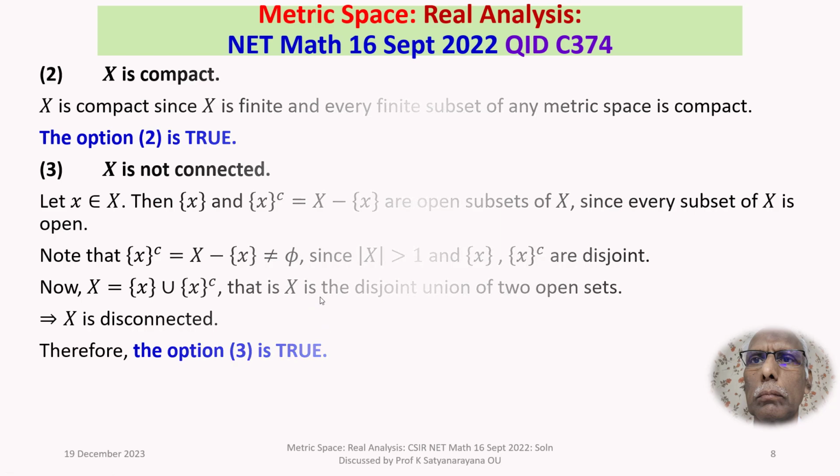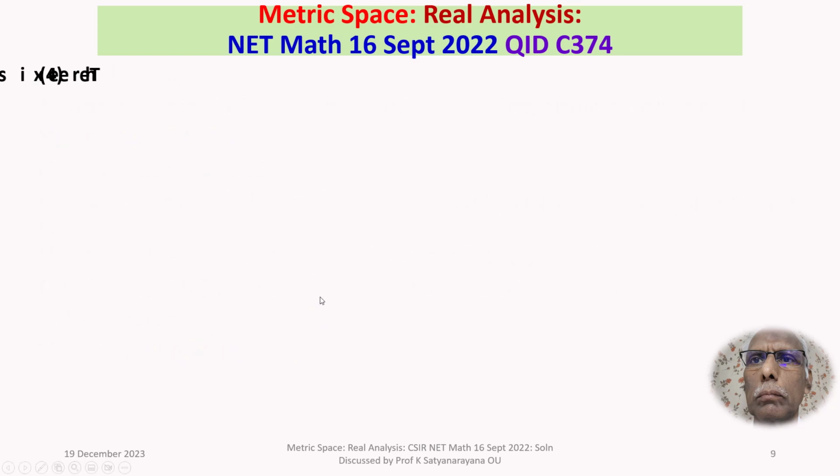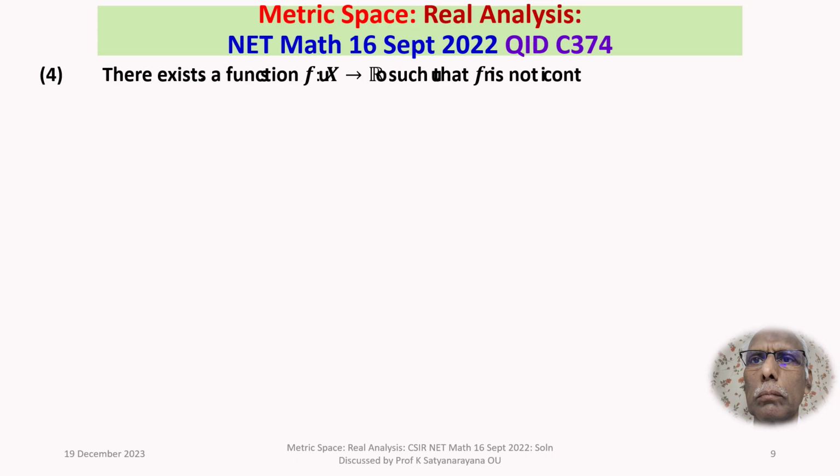Okay, we move on to the last, fourth option. It says there exists a function f from X into the set of real numbers such that f is not continuous. We will prove that every function f from X into R is continuous.